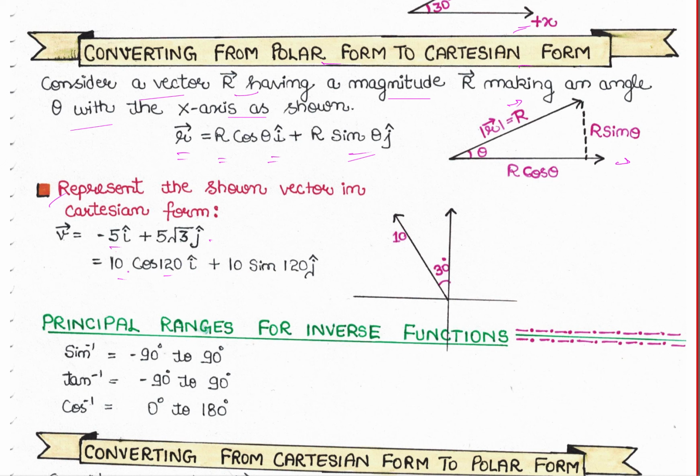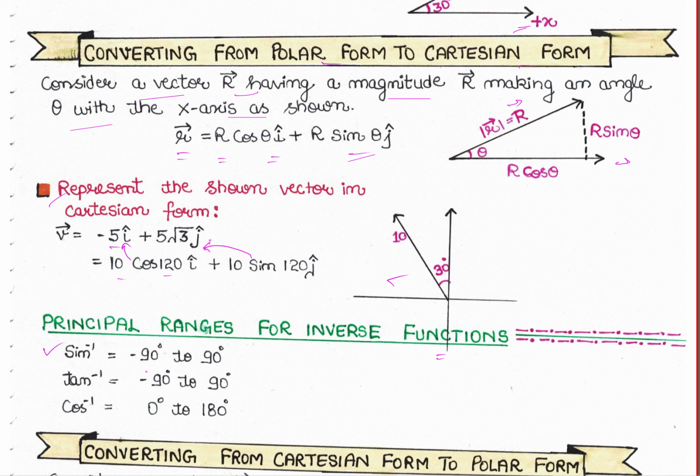If we put these values, we get back minus 5 and 5 square root of 3, and this is the representation.